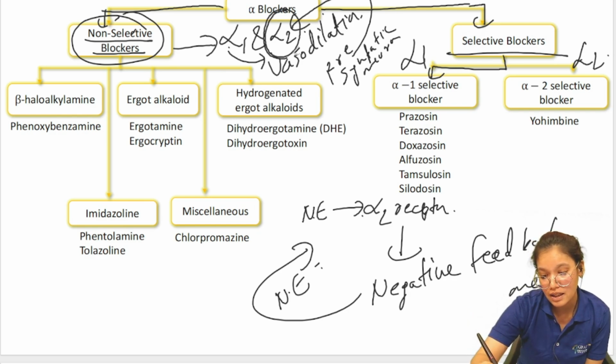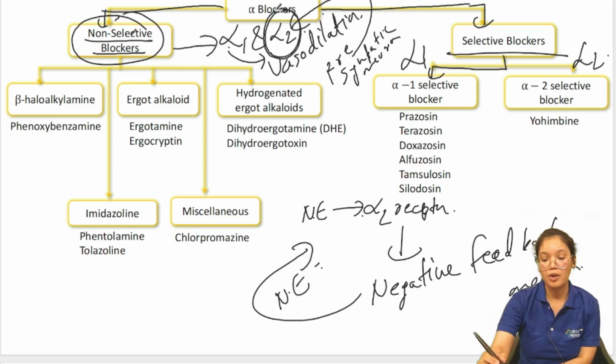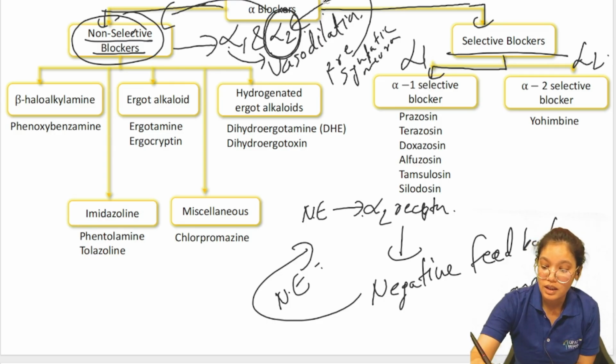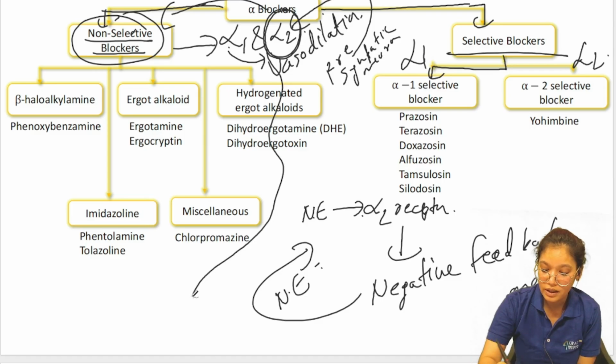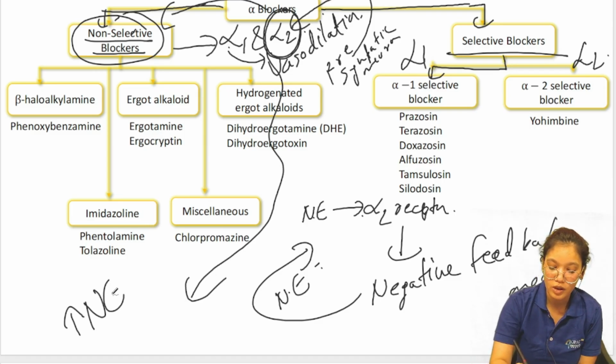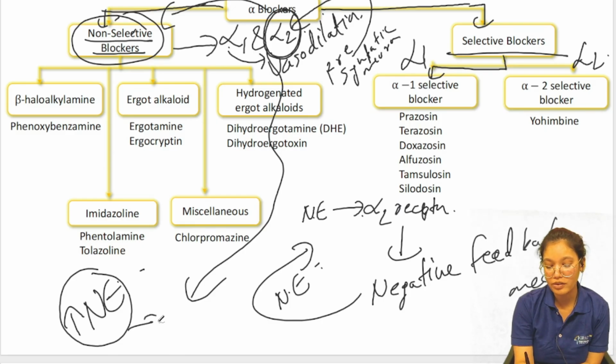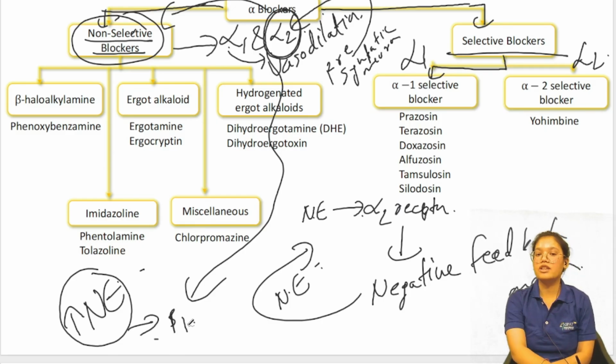Now as the alpha 2 receptor is blocked by the non-selective blocker, this will result in the release of norepinephrine. Due to this release of norepinephrine, it will result in the stimulation of the beta 1 receptor.